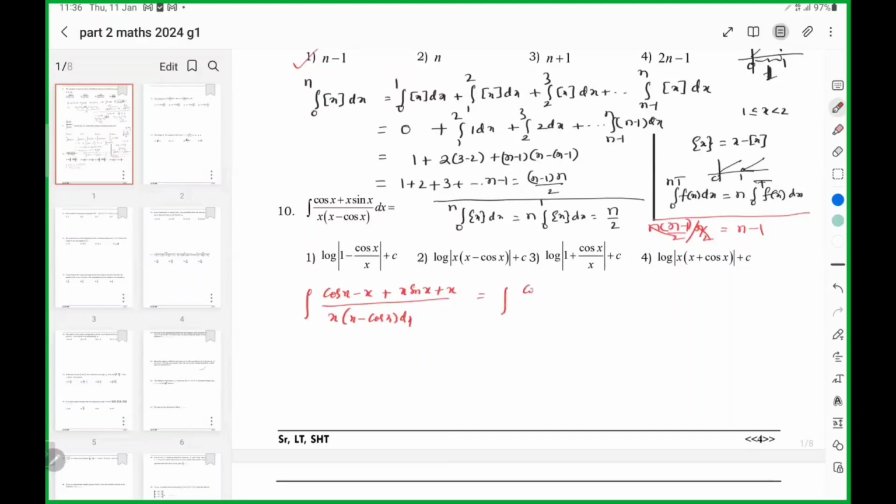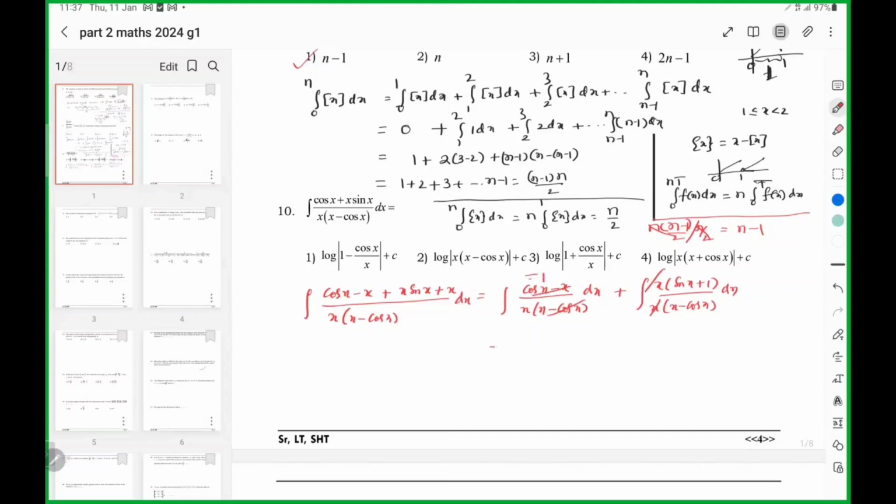This we can write as cos x minus x over x into x minus cos x dx, plus x sin x plus 1 by x into x minus cos x dx.